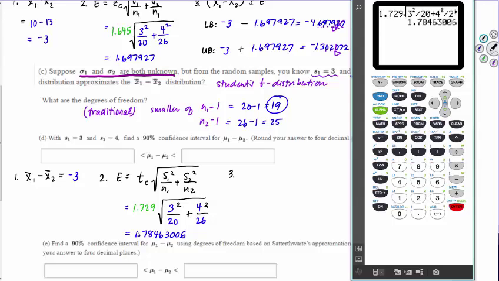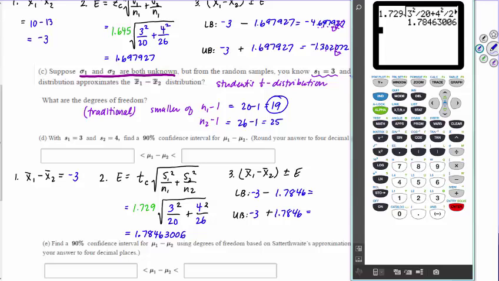So step 3 is to take this point estimate and add and subtract the margin of error to find a lower bound where we subtract and an upper bound where it's added. So the point estimate was -3, remember, the difference between the sample means, and then this margin of error, 1.78463006. I'm going to erase some of that just so I can fit the calculator and these answers right next to it.